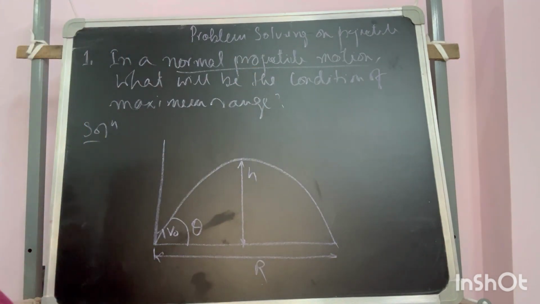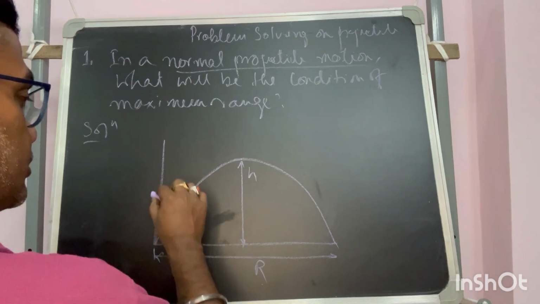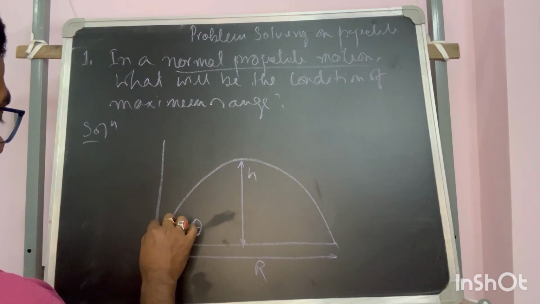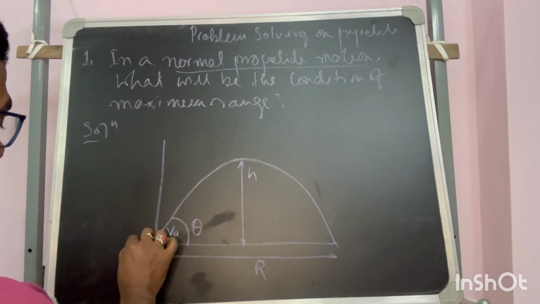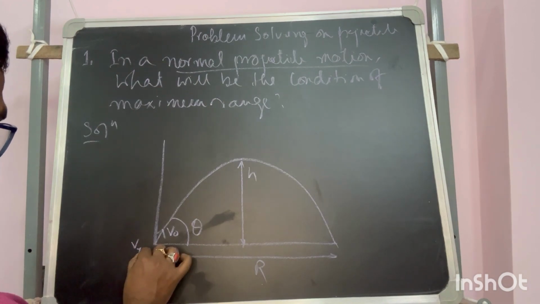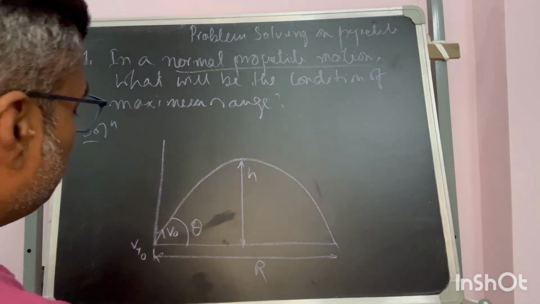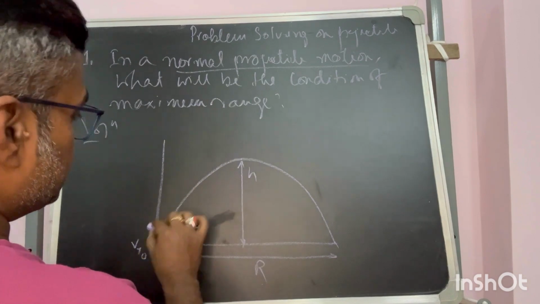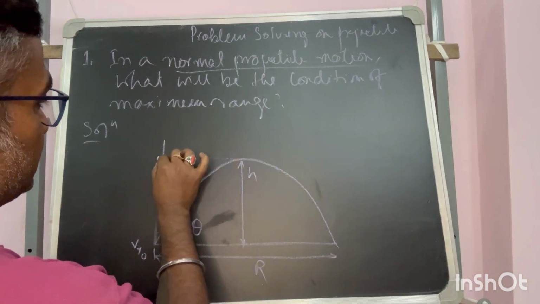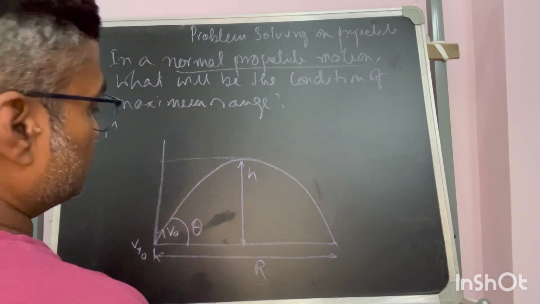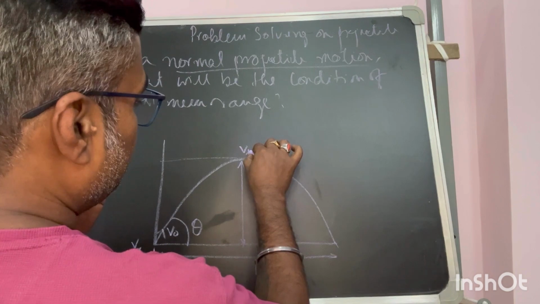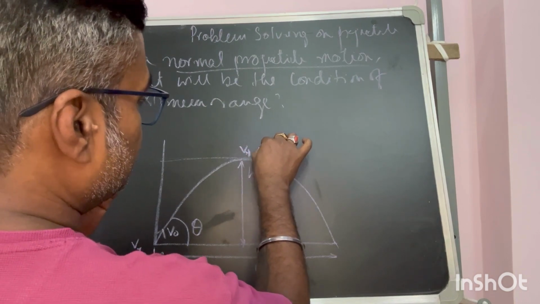Okay, so now what happens for the upward motion? What changes will happen? There will be an initial velocity towards the y direction, vy0 we can name it. There will be an initial velocity and a final velocity at this point. If I consider the vertical motion at this point, the final velocity vy final will be 0.